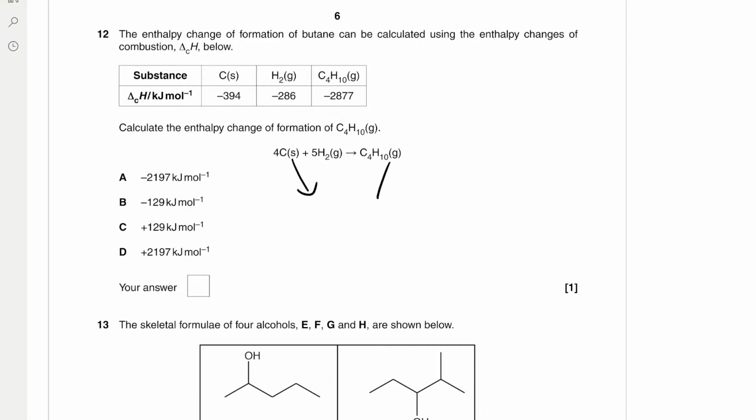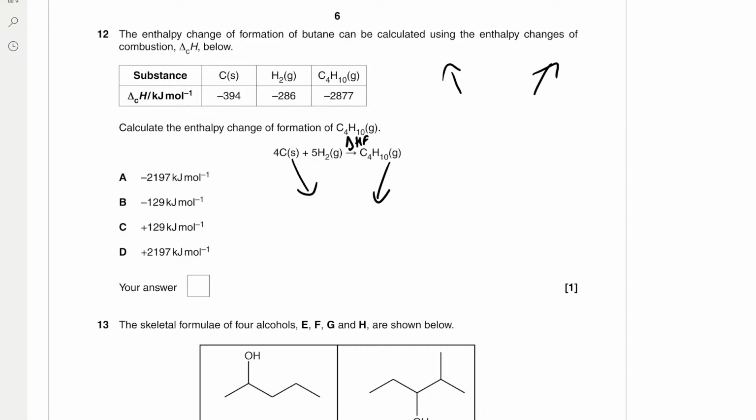And when we're drawing a combustion enthalpy cycle, we need to do the arrows downwards. When we're given formation values, we need to draw the arrows upwards. And this equation here is actually the equation for the formation, because remember the definition. Enthalpy change of formation is the enthalpy change when 1 mole of a compound is formed from its constituent elements, obviously standard states, etc.